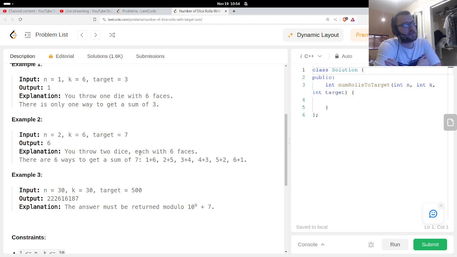If you have 1 dice, there's 1 way for each value, right? Then the next dice that you roll, each of those values you can add a 1 to each one. Excuse me. I think you accumulate from left to right.